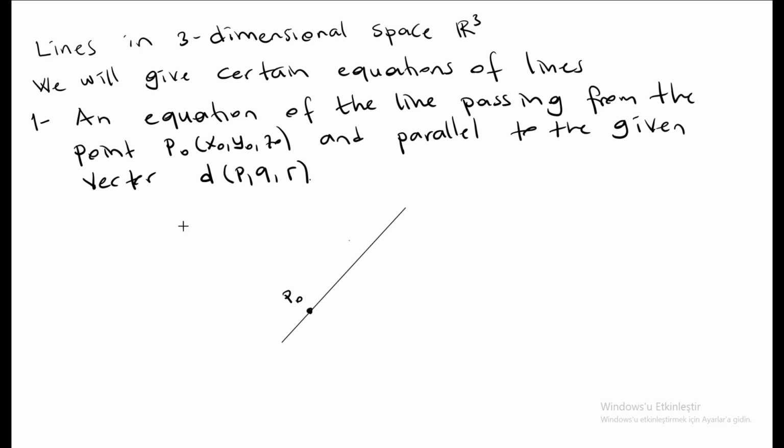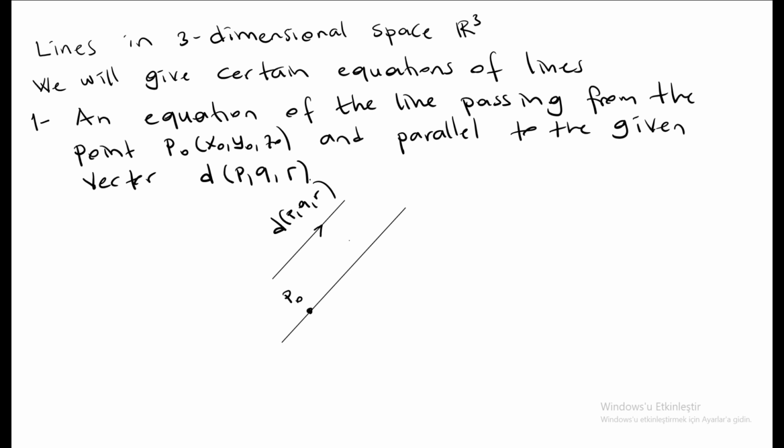And we also have a vector here, let's say this vector. So this vector is parallel to our line. So these are the vectors. So this one is D. So P, Q, R.